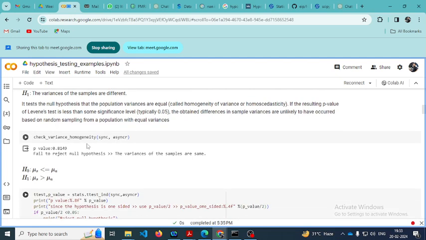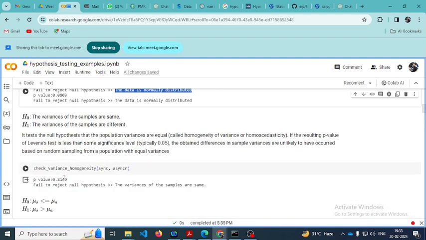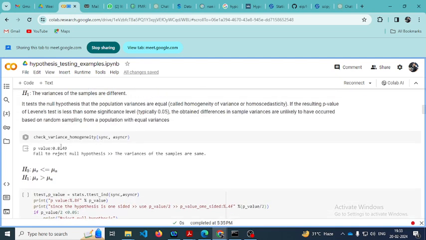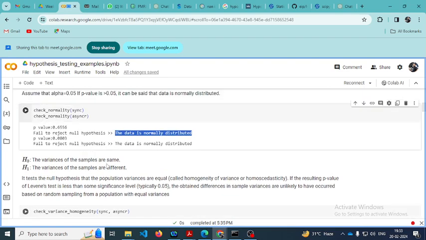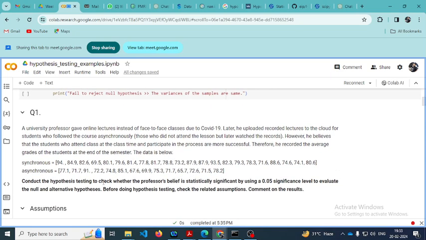To check that variance, you can call the check variance homogeneity with the help of these two groups of data. You check the variance of these two groups, and then you will get the p value. That particular p value is 0.8149, which is not less than the alpha value they have mentioned, 0.05.